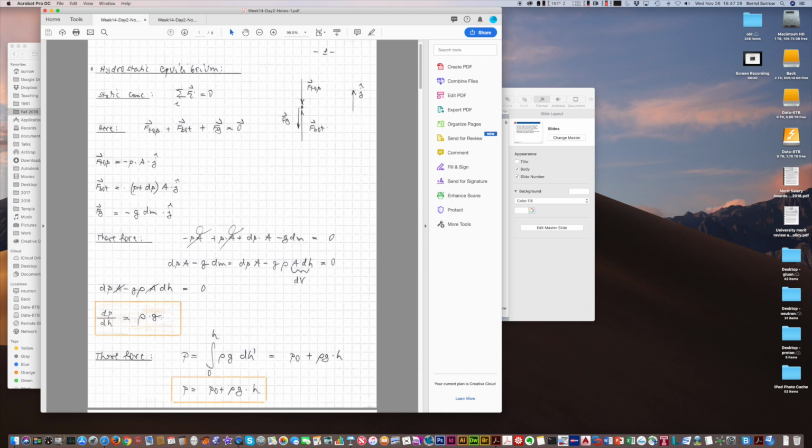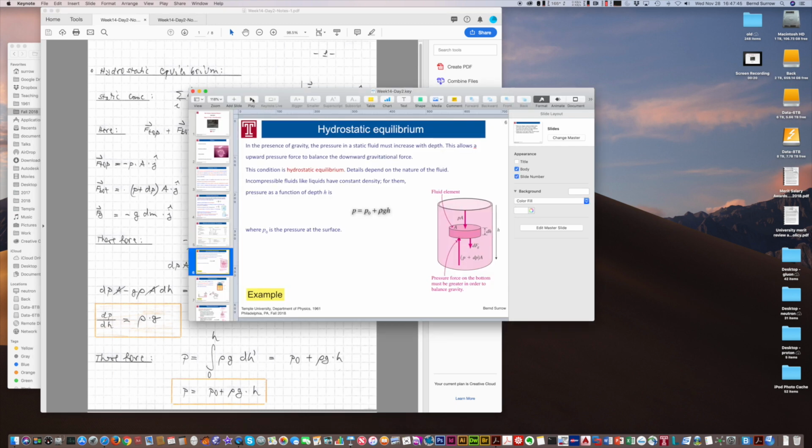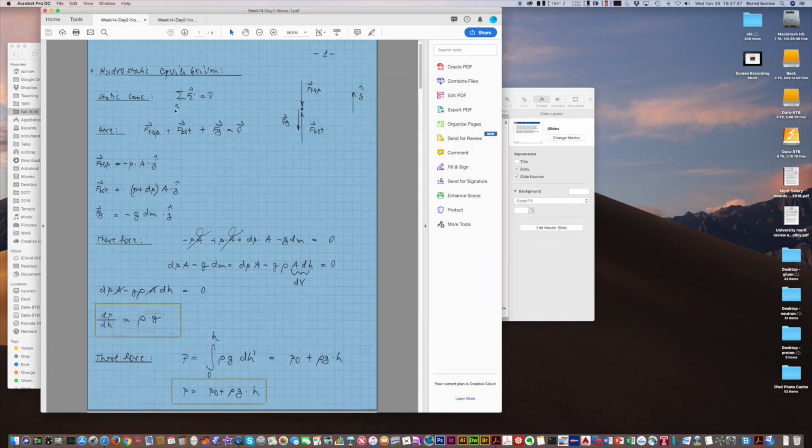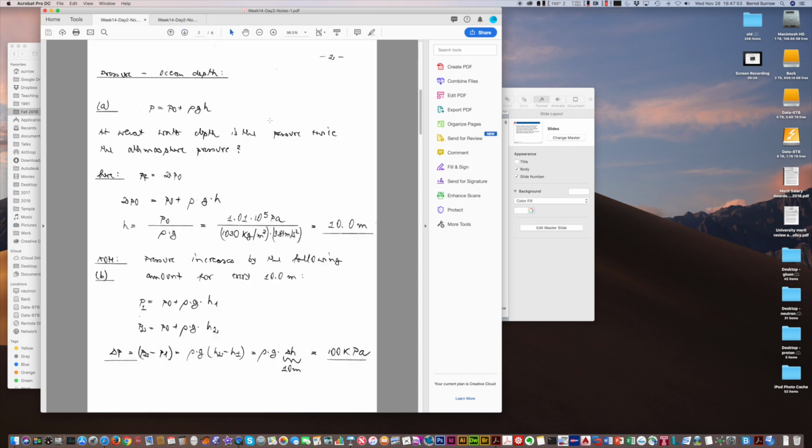Therefore you can immediately conclude that since the slope dP/dh is a constant rho times g for a given liquid, you can integrate over this and get P equals P naught plus rho g h. You should pause here and actually write this up for yourself and think about that, before I continue on the slides and put some context into it.